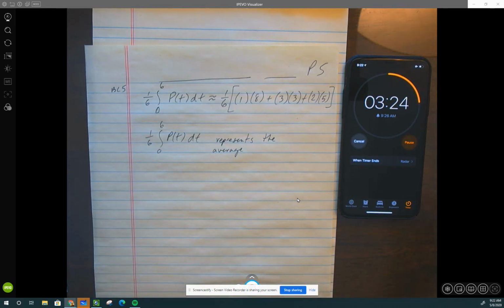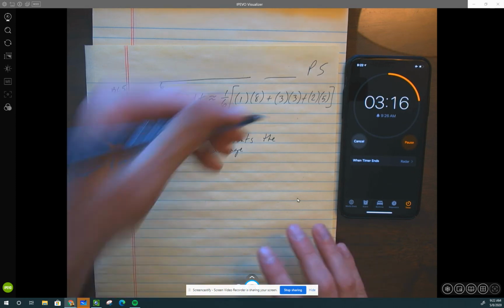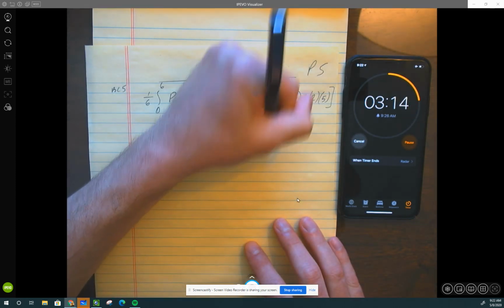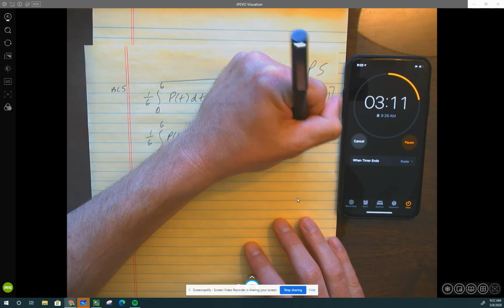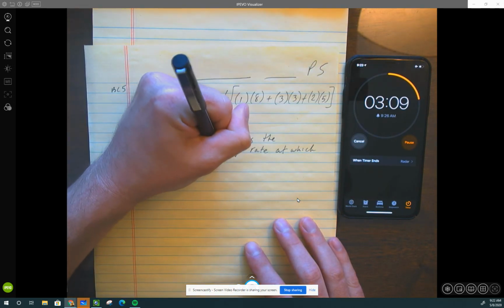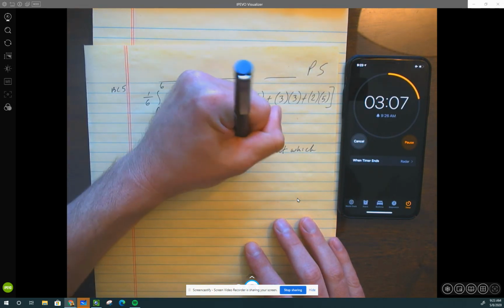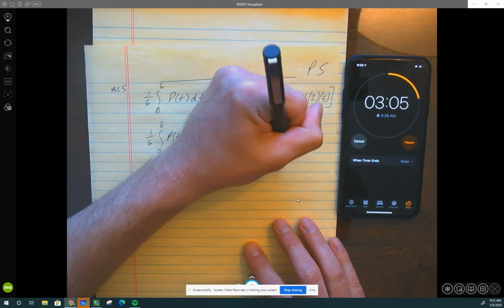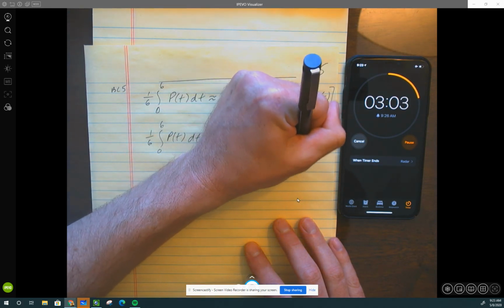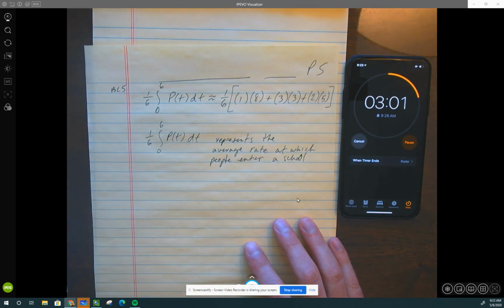Okay, so it's the average value of something, and the something is p, and that thing is the rate. So it represents the average rate at which people enter a school over the time period t equals 0 to t equals 6 seconds.